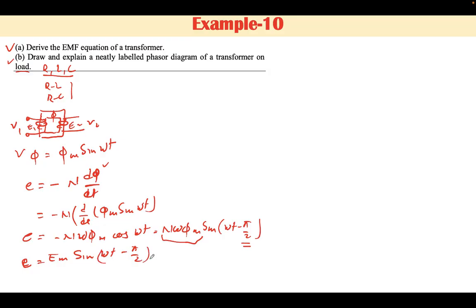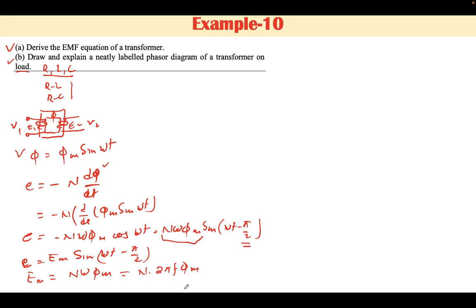This is a standard equation when considering the phase angle, and hence we can say Em is equal to n omega phi m. Putting the value of omega here, it will be n into 2 pi f into phi m.